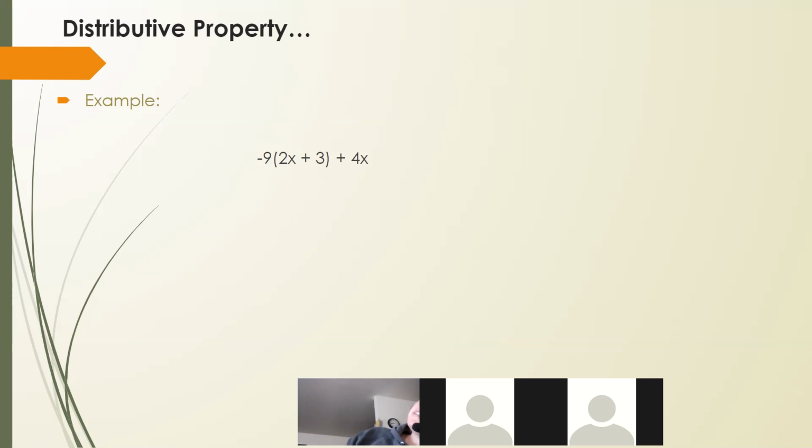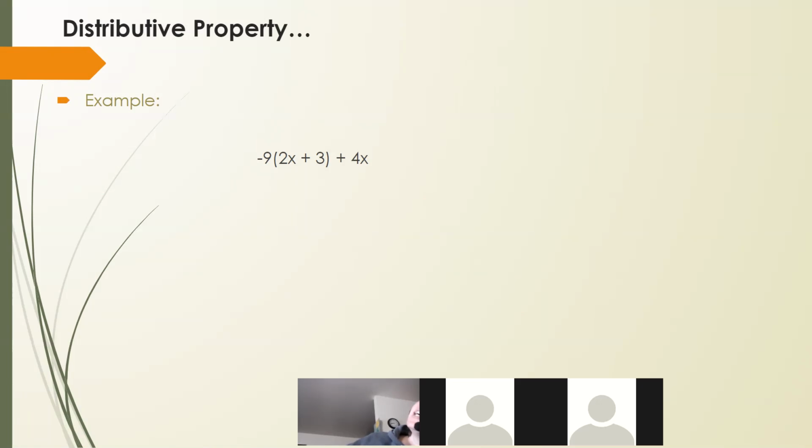So if I did the distributive property, what number would I kind of zero in on? What am I going to distribute? Who's got the candy? Who has the candy in this one? Aha, Audrey, you rock.